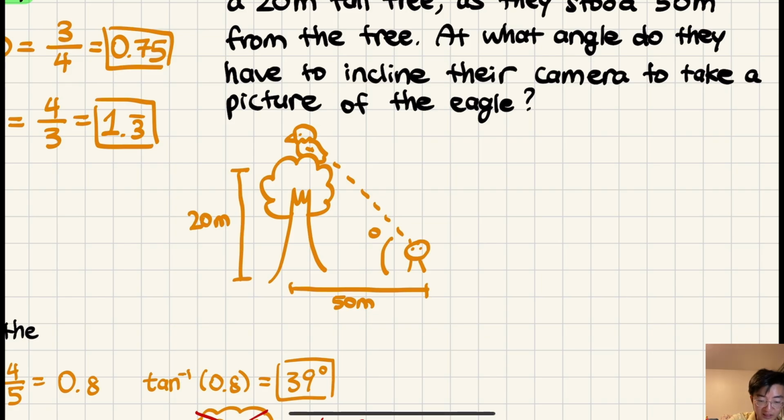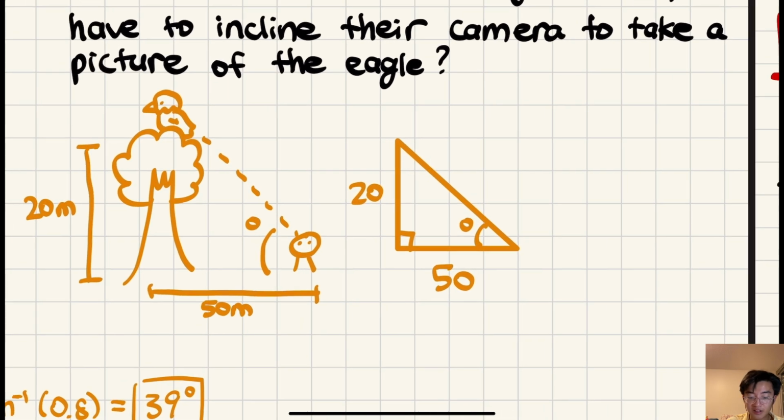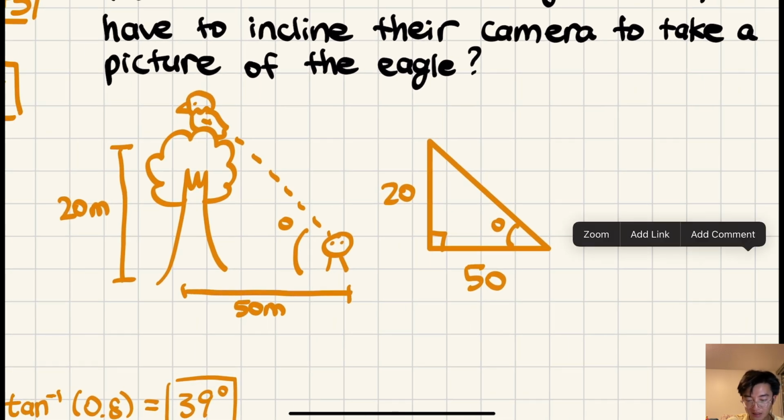So this is pretty much looking at a triangle like this, where this is 20 meters, this is 50 meters, a right angle right here, and we're looking at the angle right there. So in order to do that, let's just say the angle is B for birdwatcher.